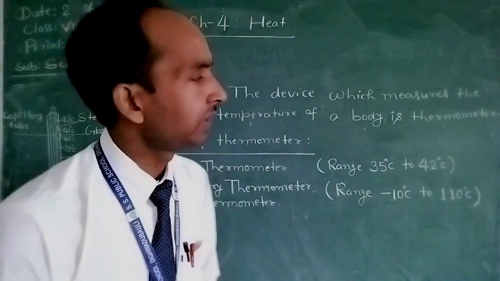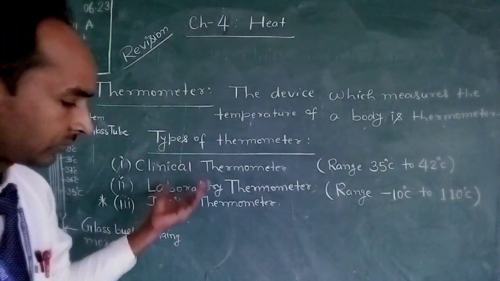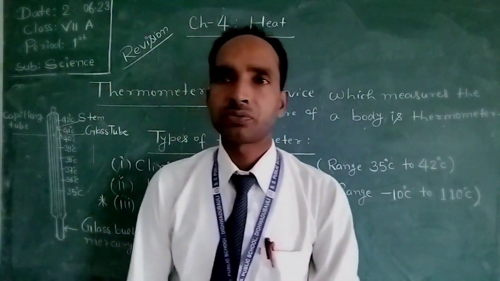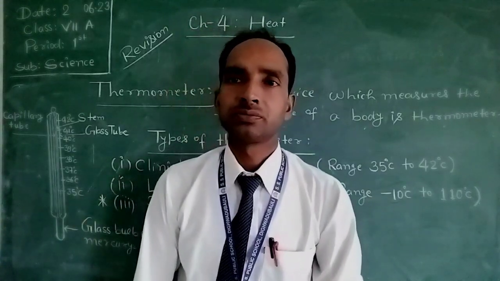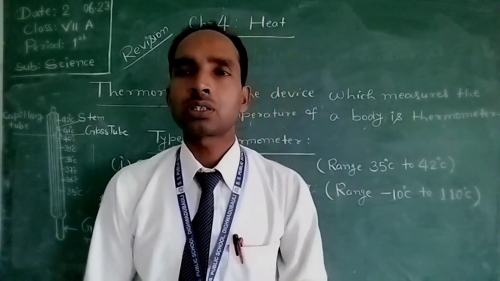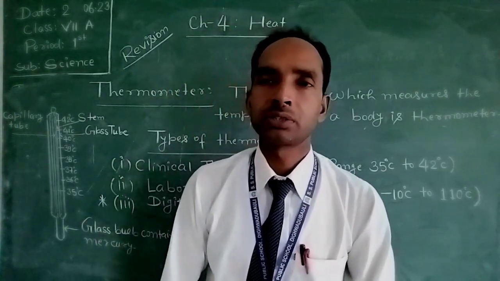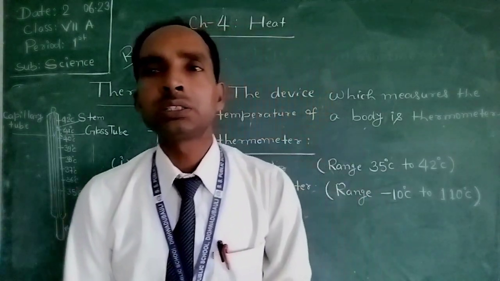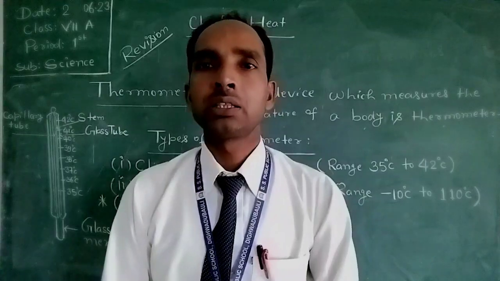The reason is very simple. The normal temperature of a healthy person is 37 degrees Celsius. It means not all persons have a temperature of 37 degrees Celsius, but it is the average temperature of most healthy persons.